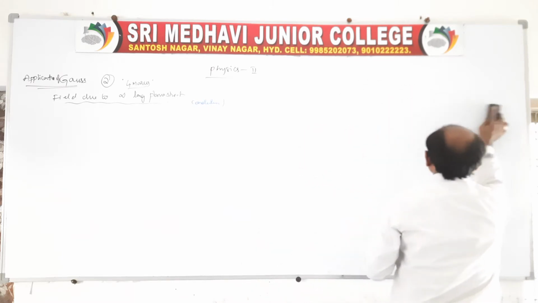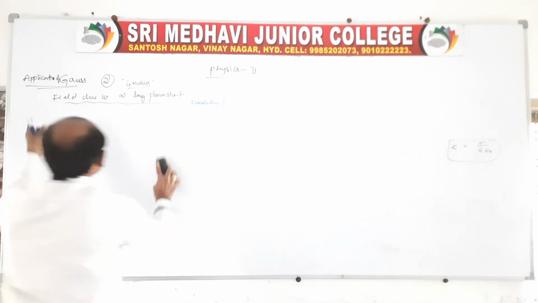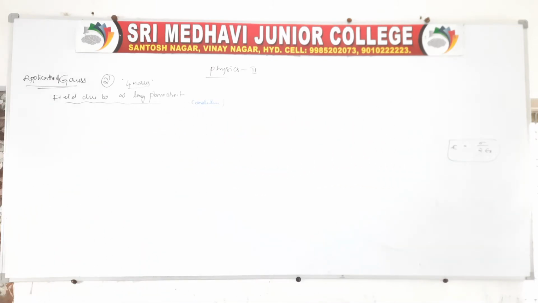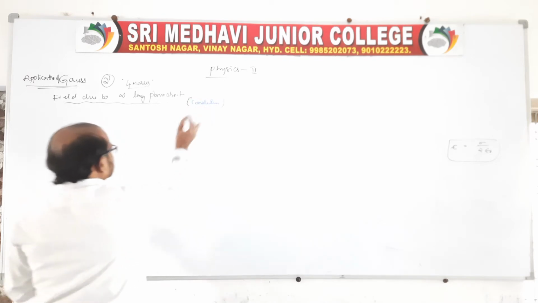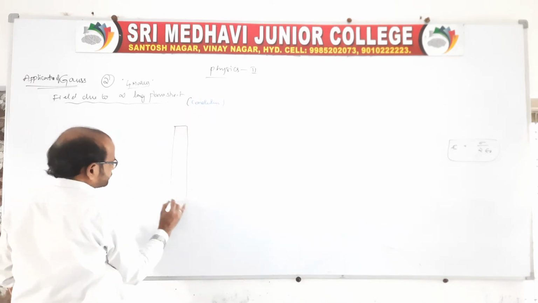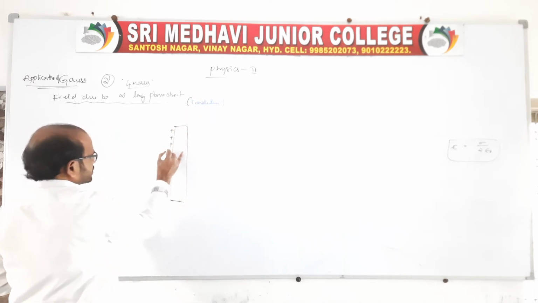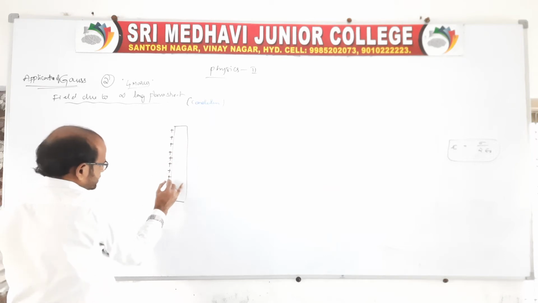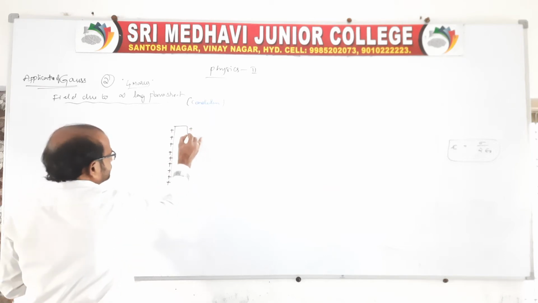There is another one, that is about a conducting sheet: the same field due to a long plane sheet, due to a conducting sheet. You take one conducting sheet like this. Charge is given, therefore the charge is distributed over the surface like this, because it is conducting.